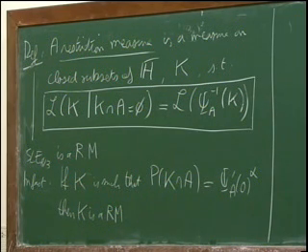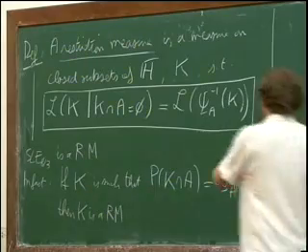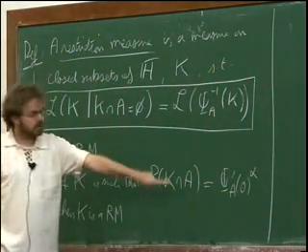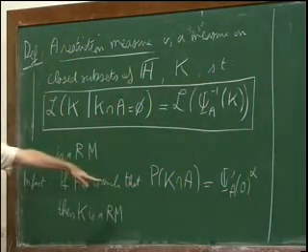Just while I'm erasing the board, notice that technically so far, knowing that this probability is like this does not characterize the distribution of K completely.